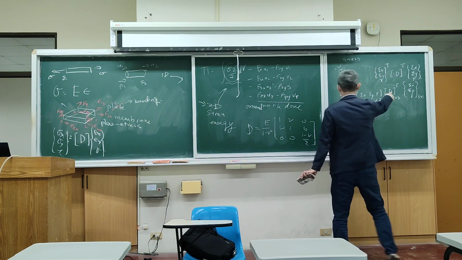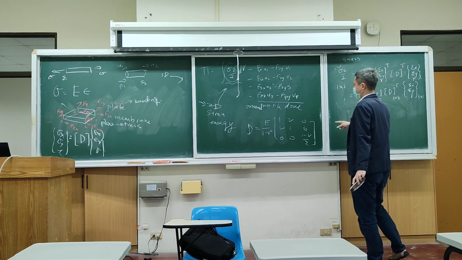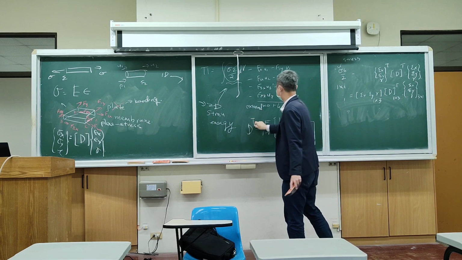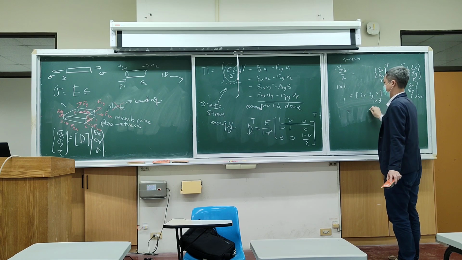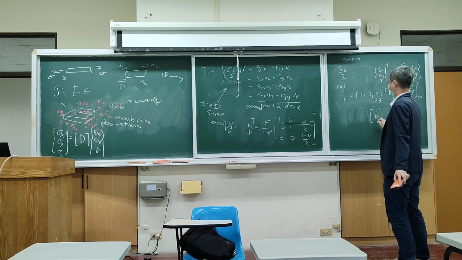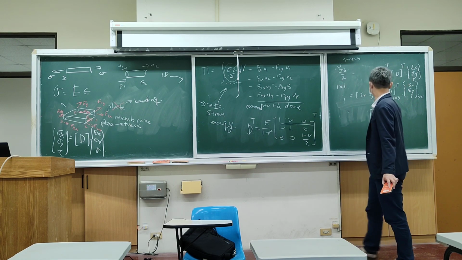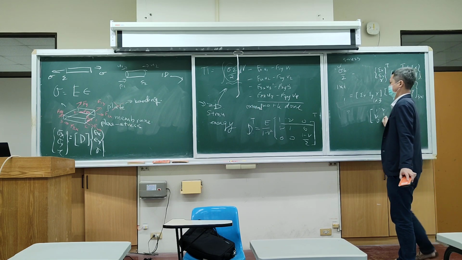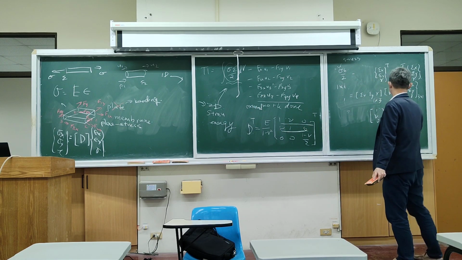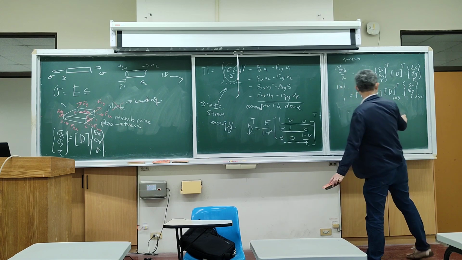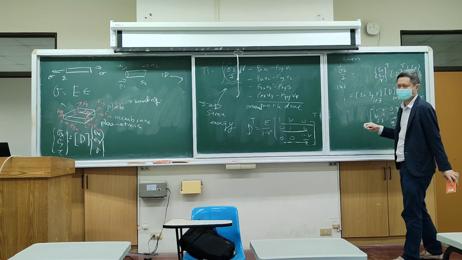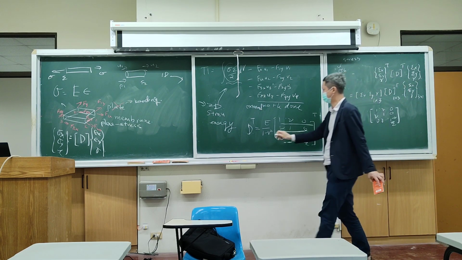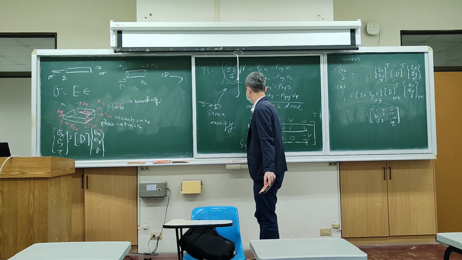When you do the transpose, what does it change? Transpose means row becomes a column. And after doing the transpose, it remains the same, because the D matrix is symmetric.